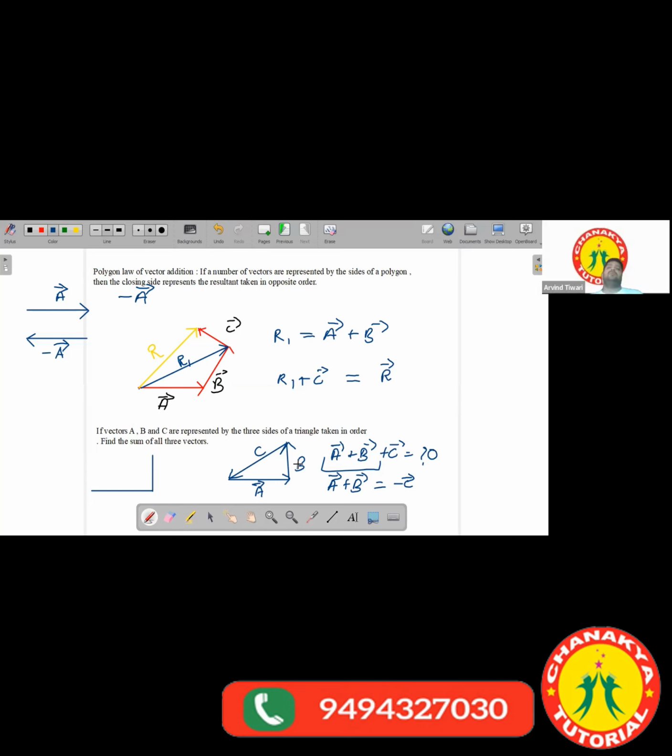In a similar way, suppose I give you four vectors.